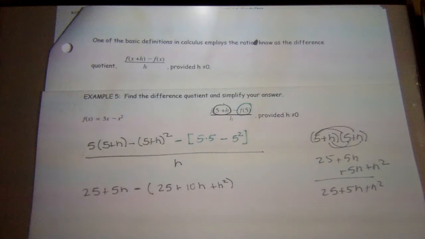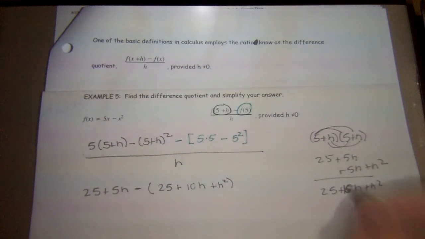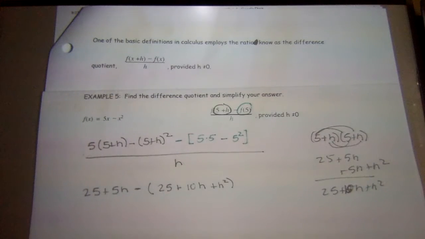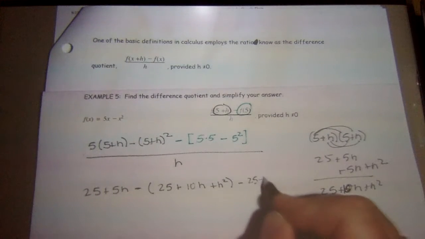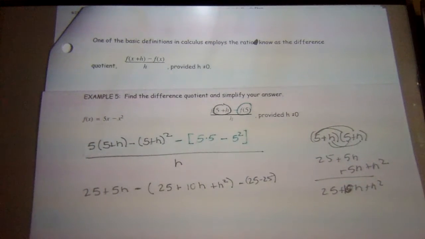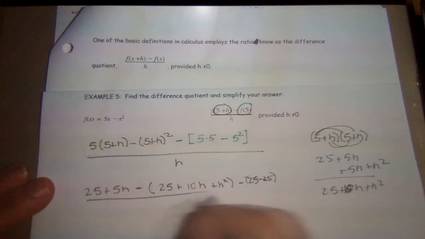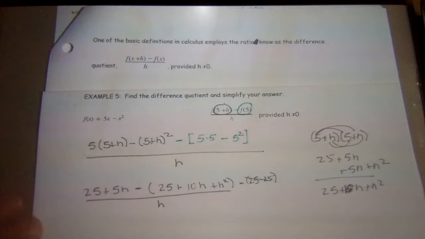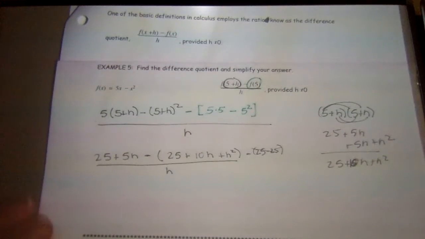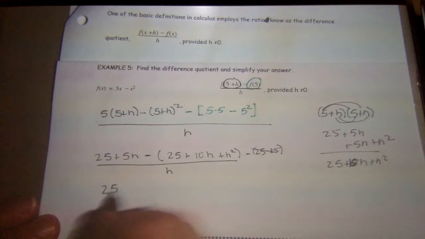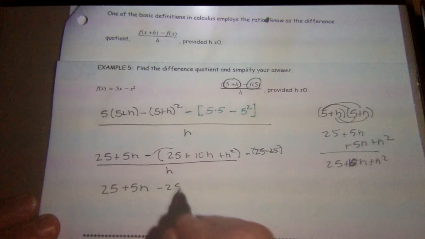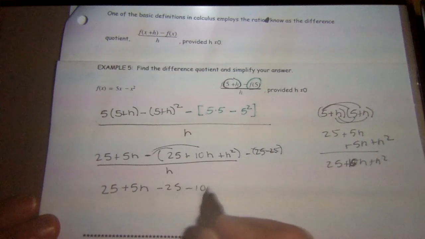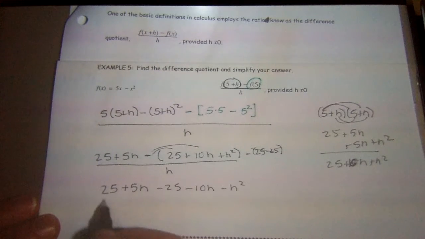10h. Yes, thank you. Minus, well, that's 25 minus 25, which is what? 0, so that cancels out, all over h. Then we're going to simplify the top. 25 plus 5h, distribute the negative: negative 25, negative 10h, negative h squared.